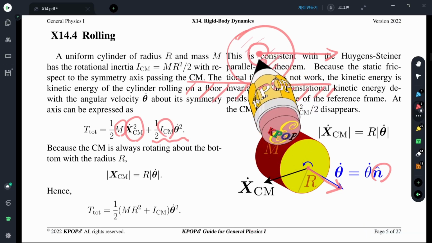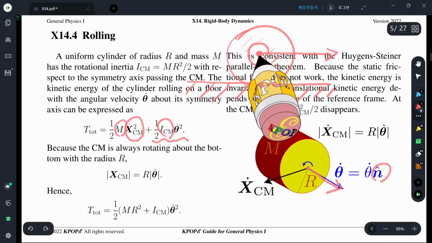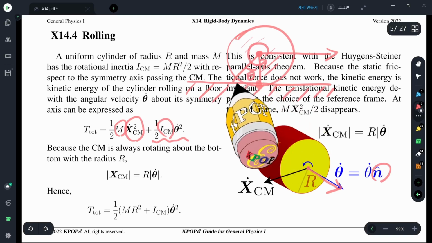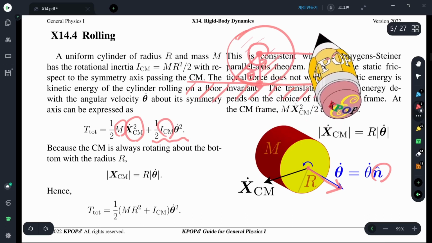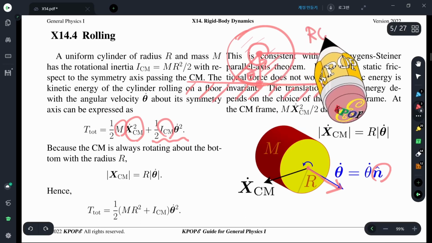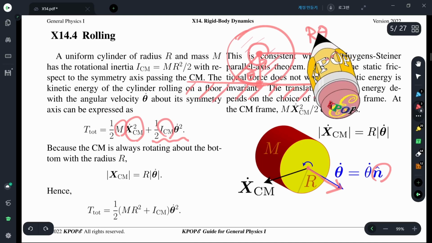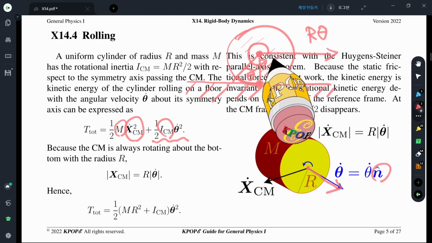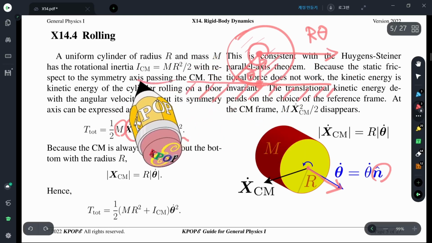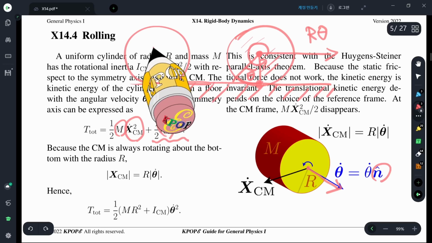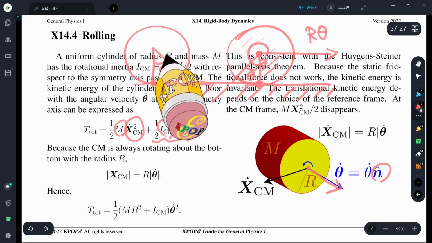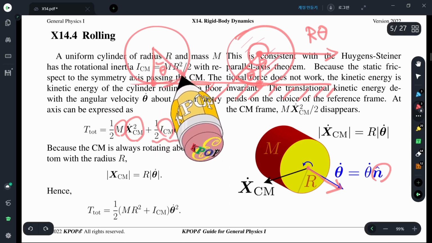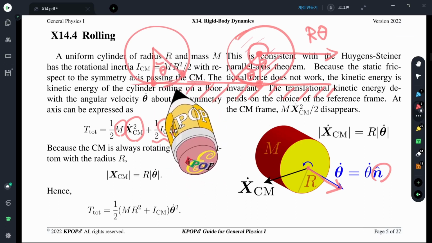When it rolls, it has some angle theta. The distance the center of mass has traveled is represented by r theta. Because of this angle theta, when this point touches the ground, what happens?